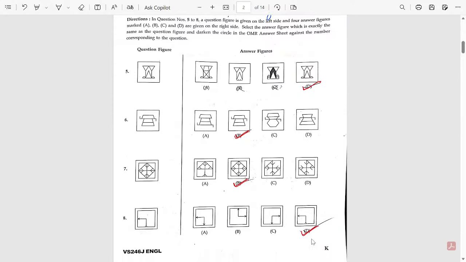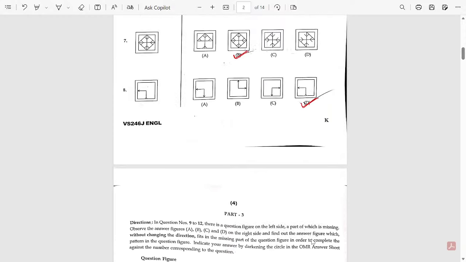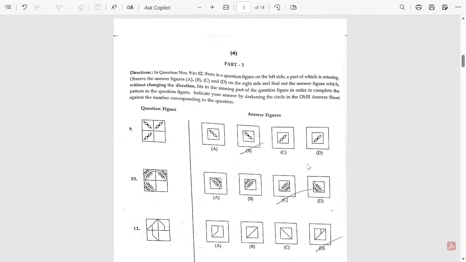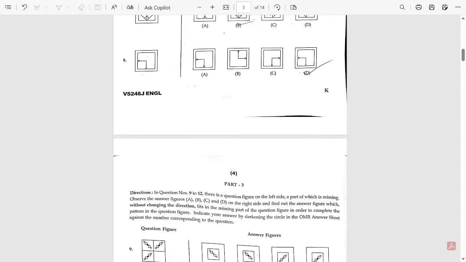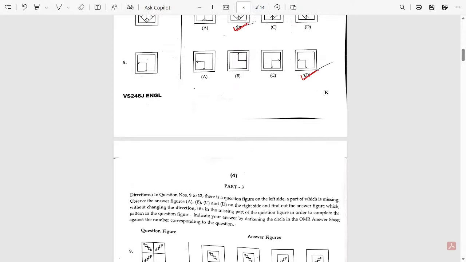So let's go to the next, that is part 3. What will part 3 be? I will just hide all the annotations, just a minute. So here, part 3 is figure completion. You can see here, that is figure completion.